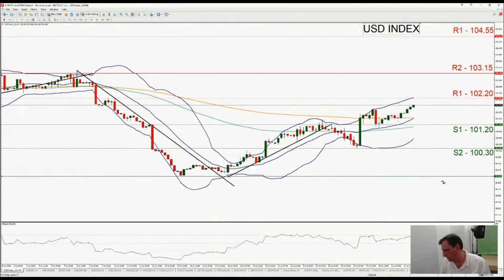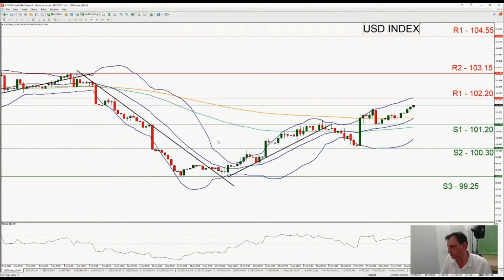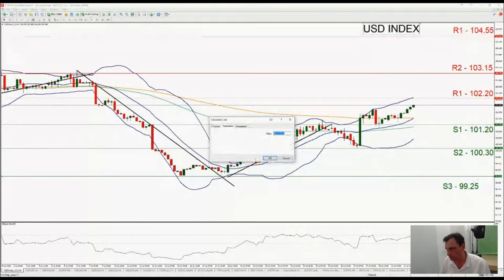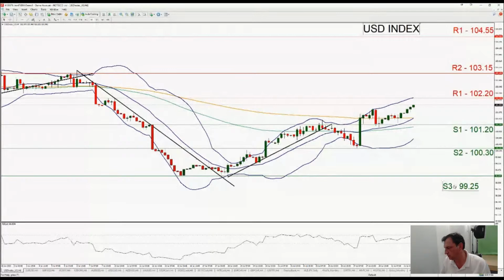And the last support line at 99.25. Okay, that should be it.